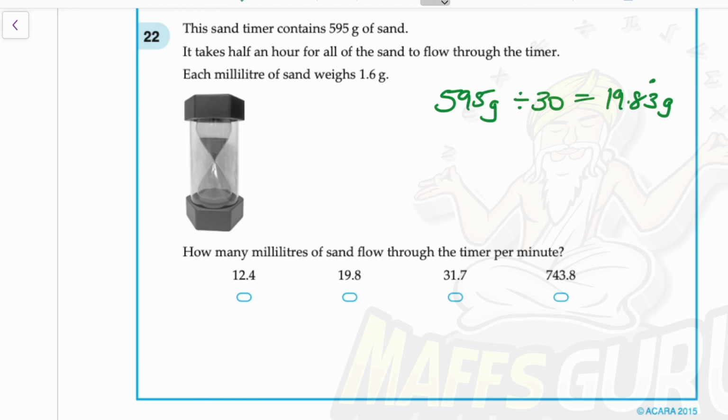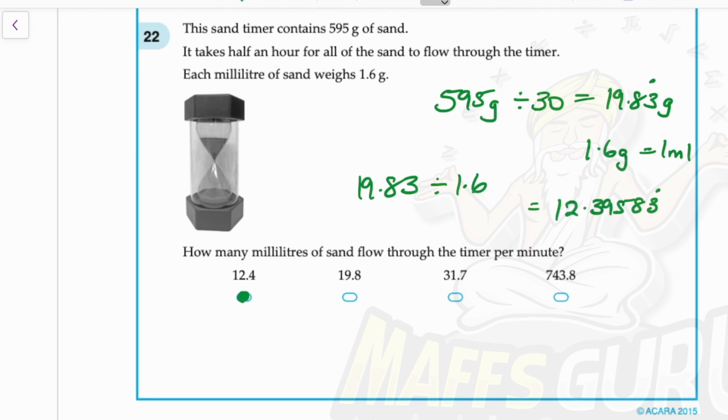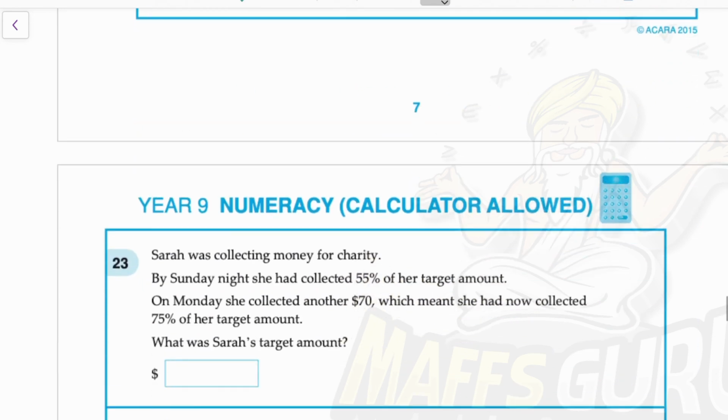I know that each 1.6 grams is equal to 1 milliliter. So I'm now going to divide 19.83 by 1.6, and I'm going to use all the answer it gives me. And it says, roughly speaking, the answer came up there as 12.39583 recurring. Well, let's look at what number it's closest to, and that seems to be closer to 12.4.